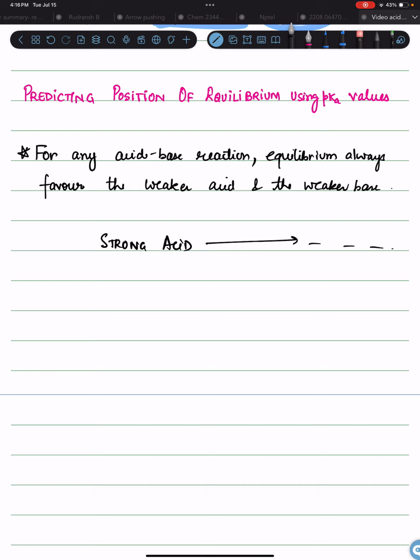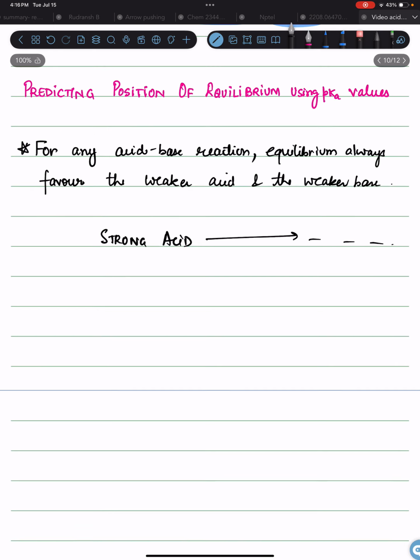So that is why the equilibrium always goes in that direction where you get a weaker acid or a weaker base. Now let's try to understand this with one example.